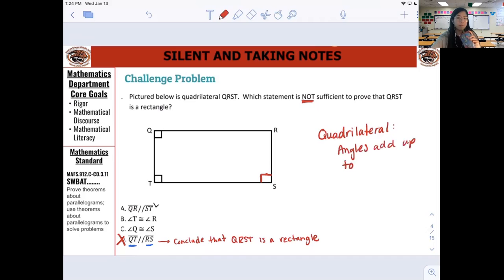Tyrone, that's a triangle. Yeah, 360. They add up to 360. Well, if I have 90, 90, and 90, what does the last one have to be? Also 90. So with answer choice C, we can also conclude that QRST is a rectangle.